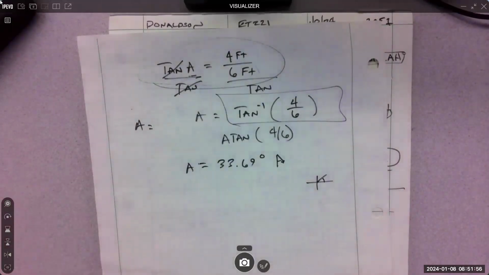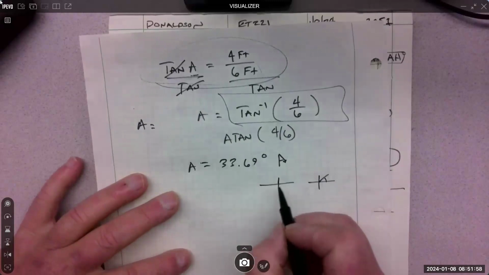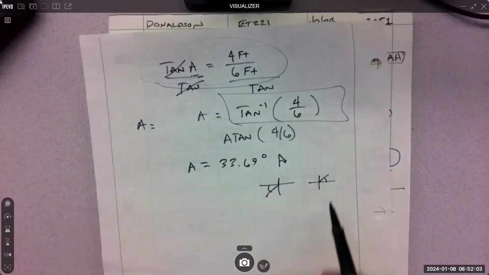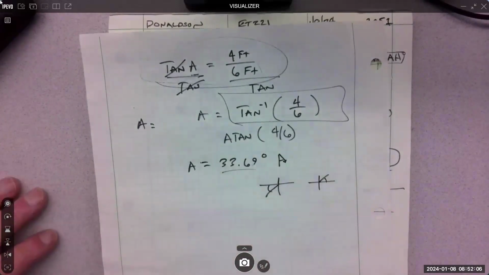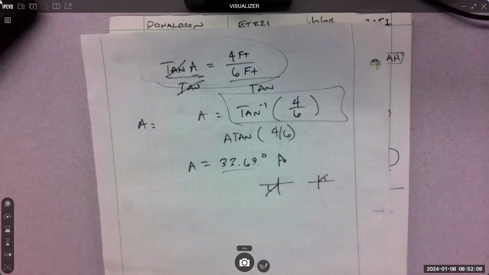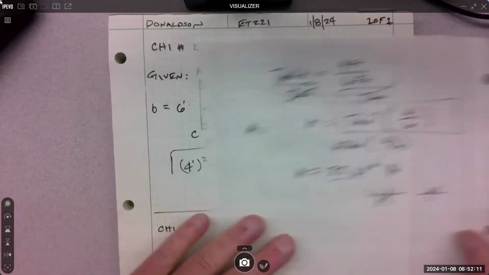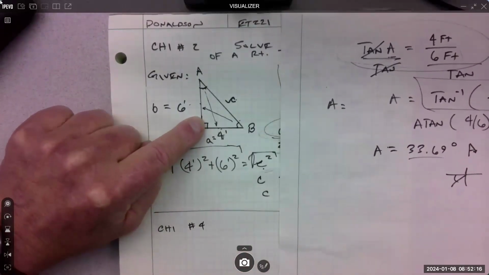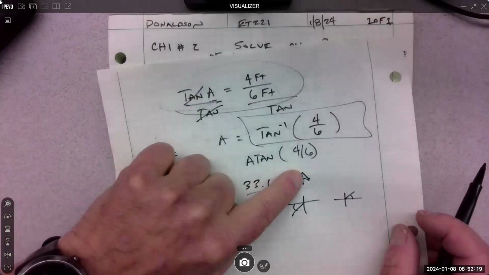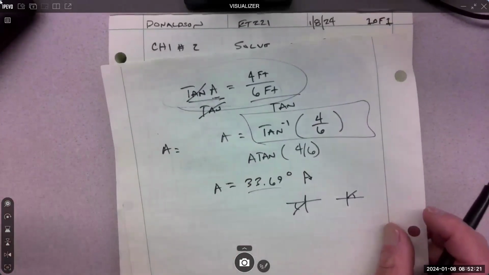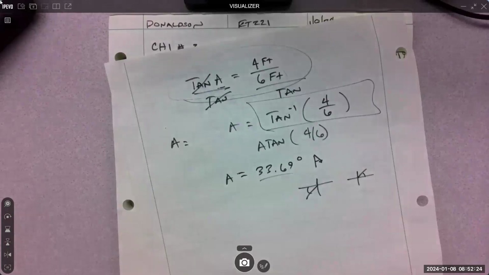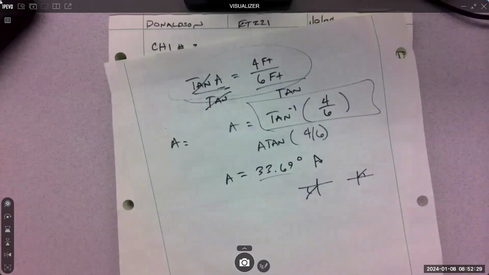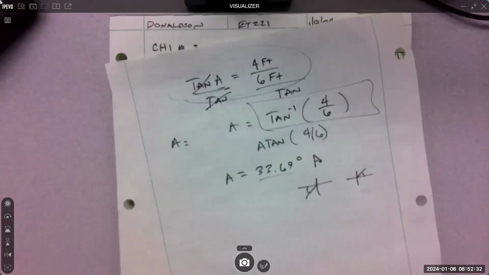It can be in a lot of different places. It could be here. All of those are little symbols that could represent the 33.69. So we have to think about where the 33.69 is. We have this graphic, so we're good. We don't need any extra notation. But when we get into vectors, we're going to need to know where that vector is. 33.69 from where? From vertical, from horizontal, from the horizontal negative quadrant, from the horizontal positive quadrant? We're going to need to know where it's at in space.